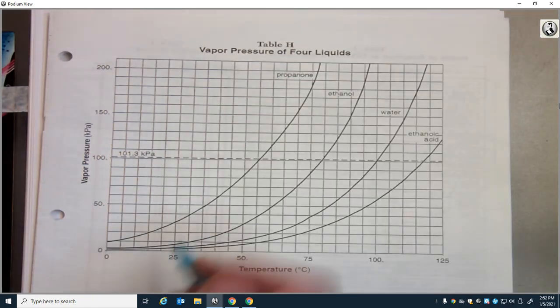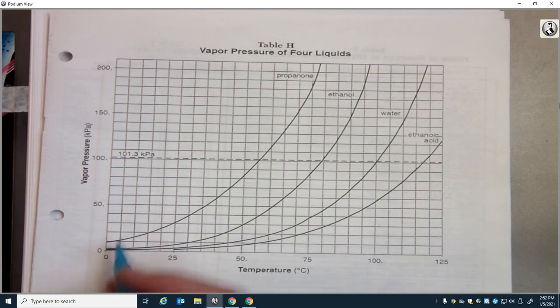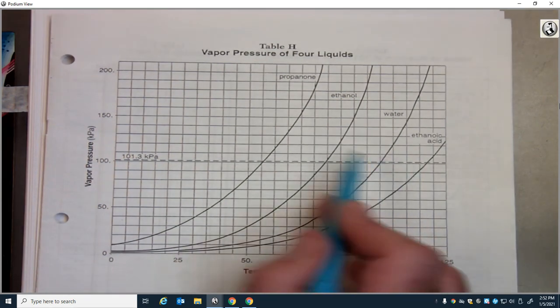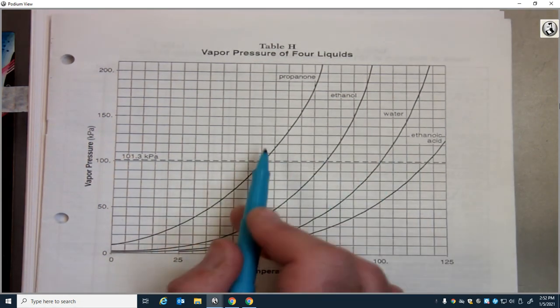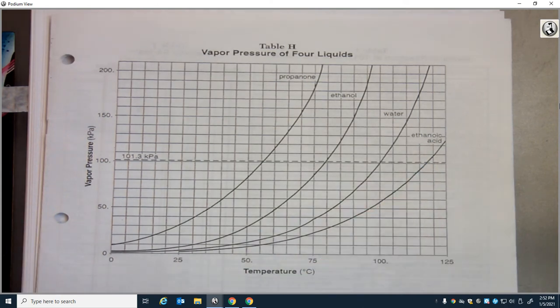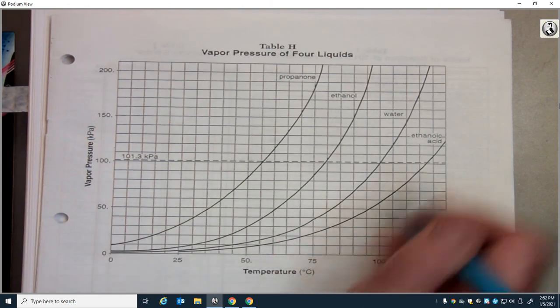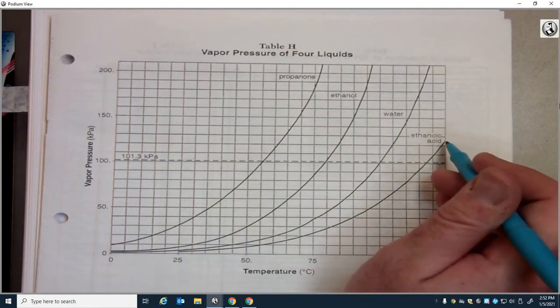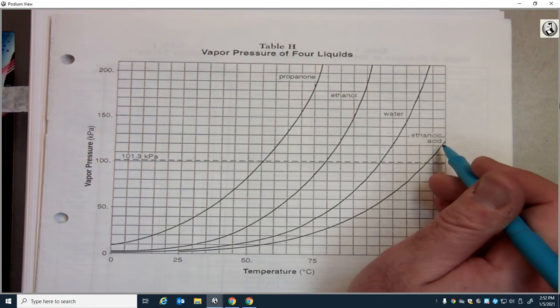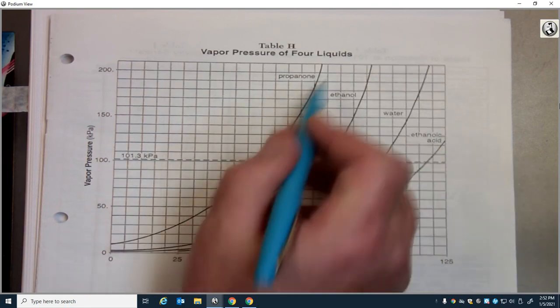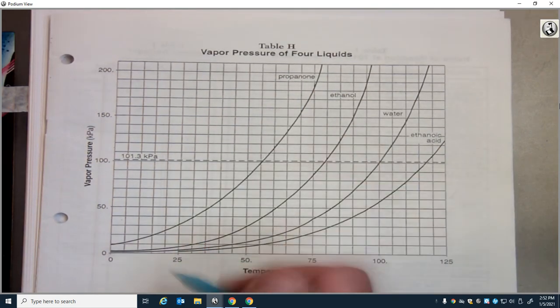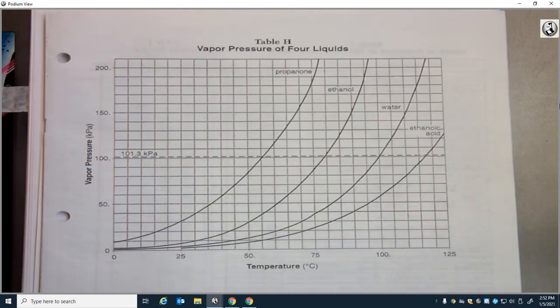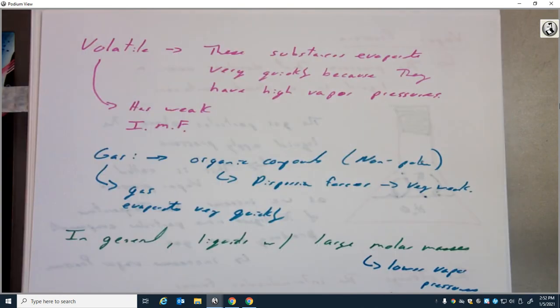Now we know something about these, right? Which one of these is going to have our strongest intermolecular forces? Well, this one right here is going to have our strongest intermolecular forces, and this one will have our weakest intermolecular forces because of these vapor pressures that are produced. All right, good.